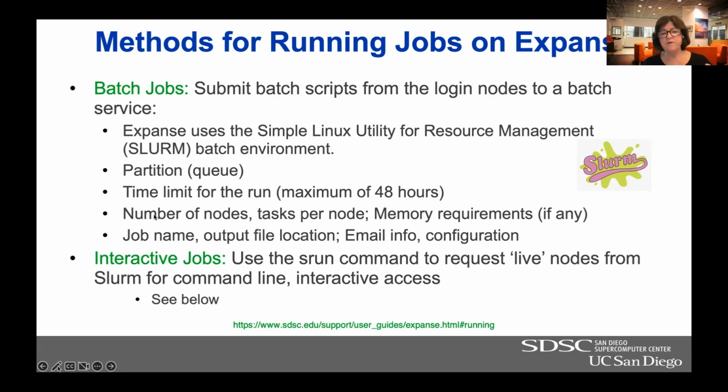And then you'll specify the number of nodes and the tasks per node. For example, if you get one node, you could have up to 128 tasks on that one, one per core. And then how much memory you require, if any. If you have an EPYC node, it has a maximum memory on the node. And if you need more than what's on that node, you would then need multiple nodes, for example.